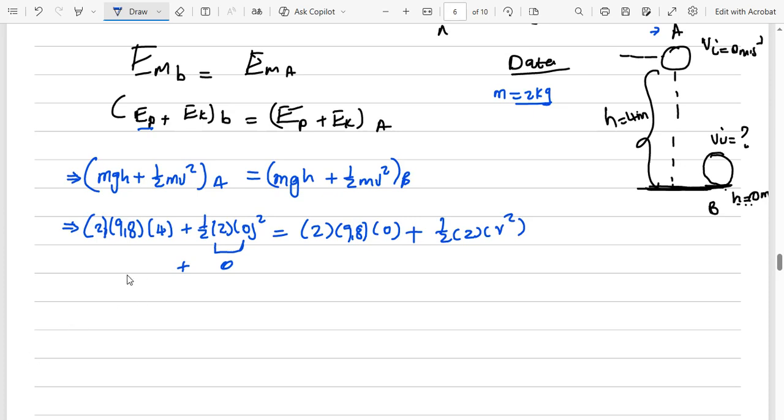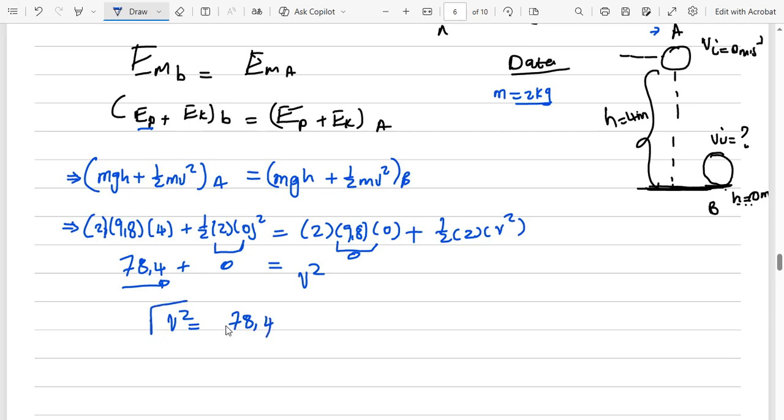So this is 78.4, and we equate this to, this is just 0, and the 2 just cancels, this is just v squared. So v squared equals 78.4.